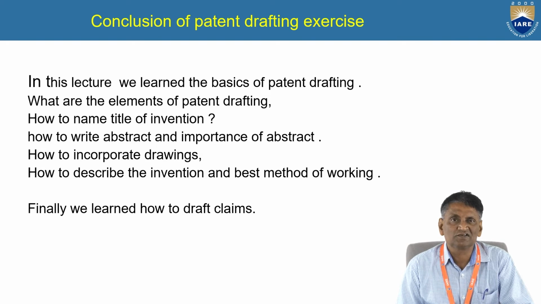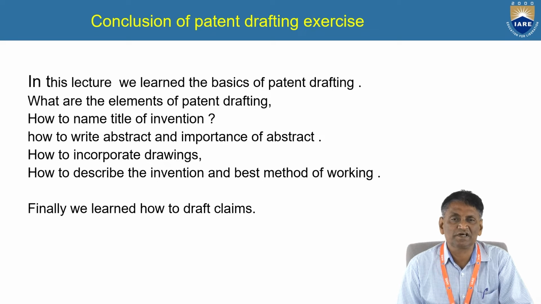Then we also learned how to write the abstract. We discussed that the abstract shall not exceed 150 words. The abstract is useful for publication. Actually, the entire patent specification will not be printed when the patent office publishes this.